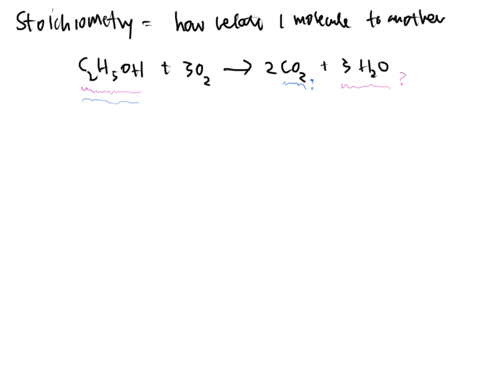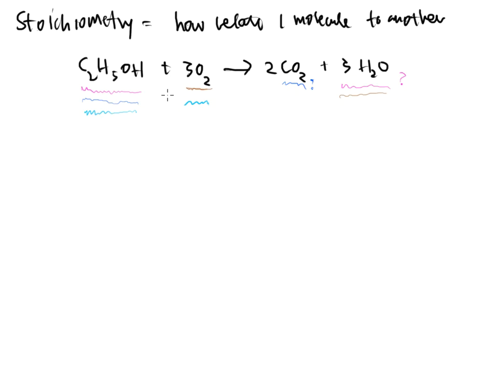I could do the same thing with the O2, right? If you use this much O2, how much water could you end up with? That's a relationship that I could bring out from the equation. And another relationship that a lot of people ignore is if I use this much alcohol, how much O2 do I have to react with it in order for this reaction to go forward to make sure I have enough?